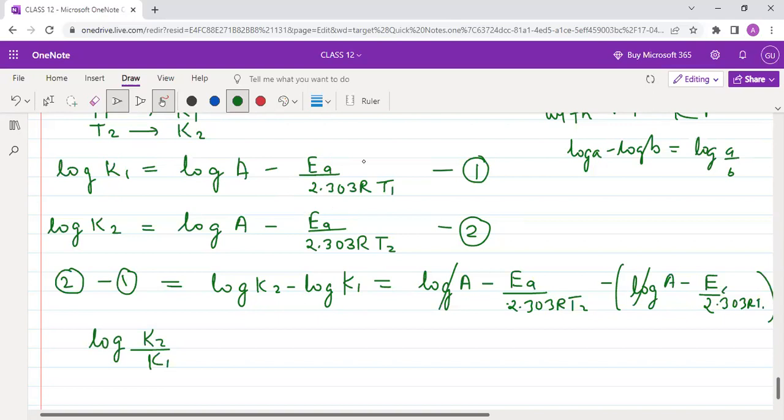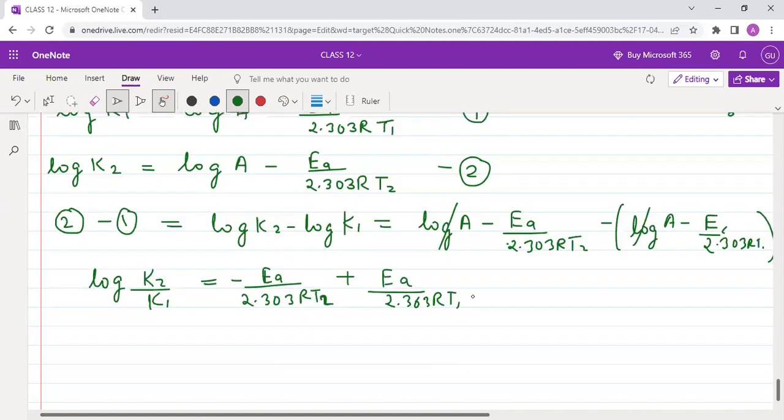So now, if you open the bracket on the right hand side, it will become minus Ea by 2.303 RT2, and minus minus will become plus now. So the second term will be positive, Ea upon 2.303 RT1. T2 is negative and T1 is positive.